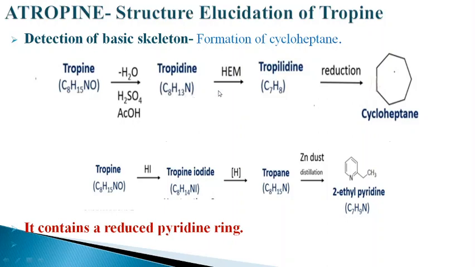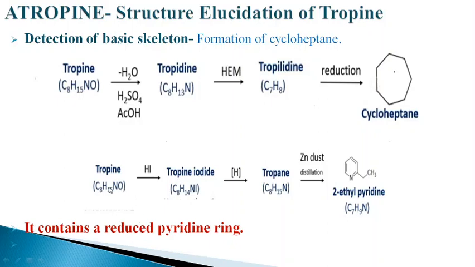This tropidine, when subjected to Hofmann's exhaustive methylation, gives tropylidene. Nitrogen is expelled with one methyl group also, giving C7H8. This tropylidene on reduction forms cycloheptane, a cyclic compound of known structure, which is a 7-membered ring.